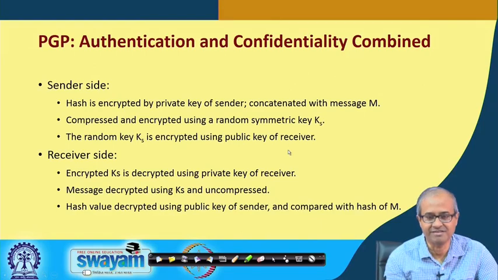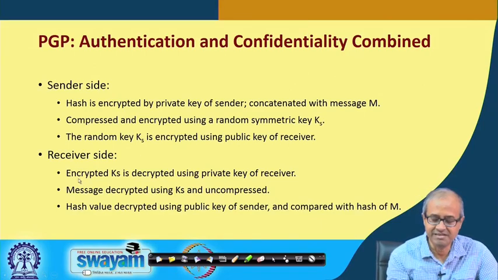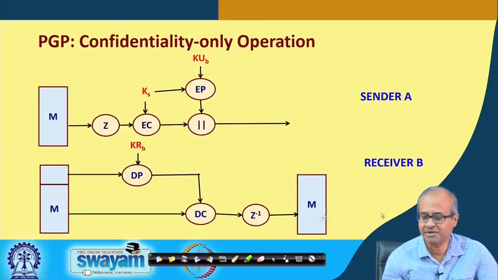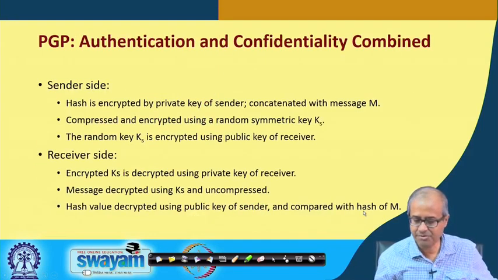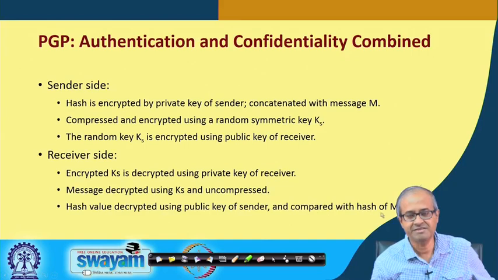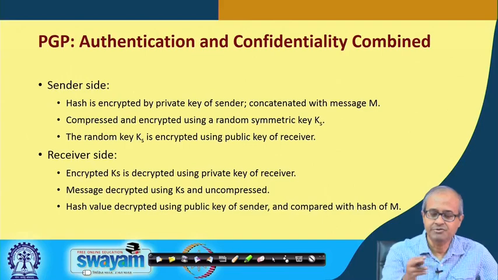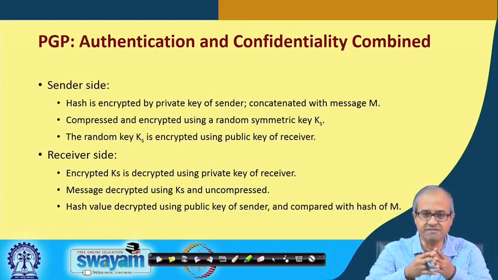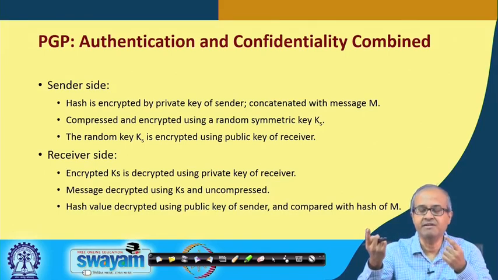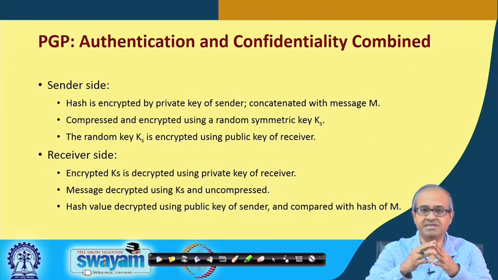And receiver side, encrypted KS is first decrypted using the private key of receiver, then with that KS you decrypt the message, uncompress it, you decrypt the hash value and compare with the hash value of M. If it matches, then you say that it is authenticated, otherwise it is not authenticated. So, in PGP you can have all this kind of service which will make your email service much more secure, and also you can verify from whom your mail messages are actually coming.